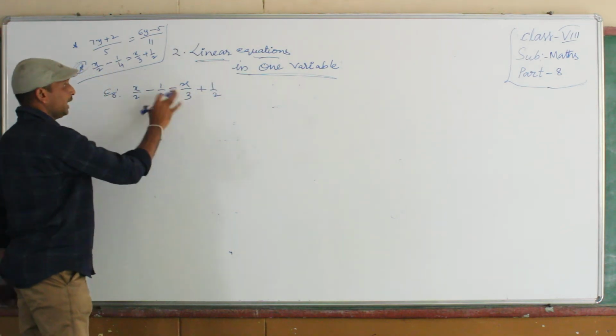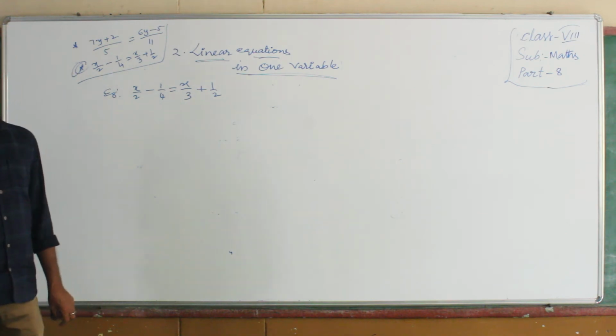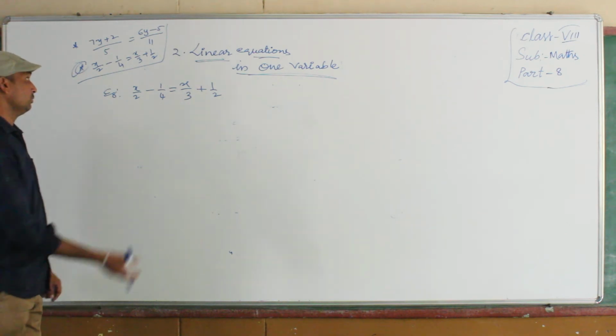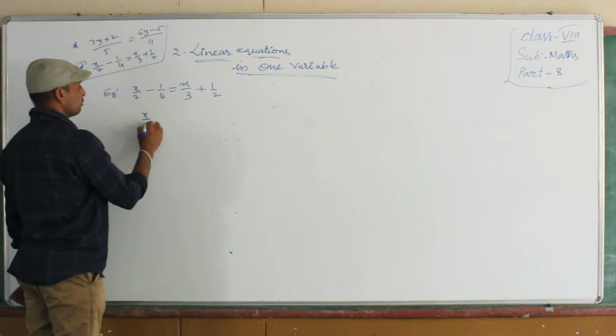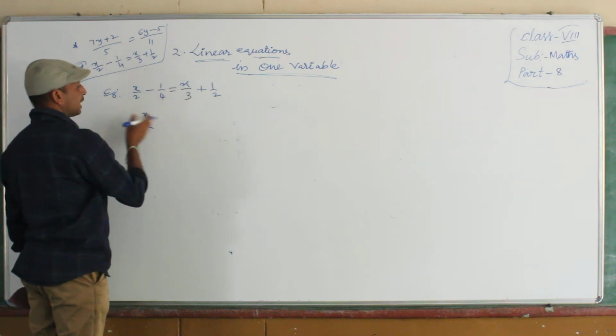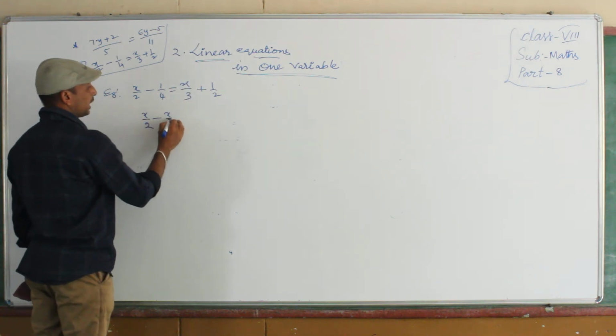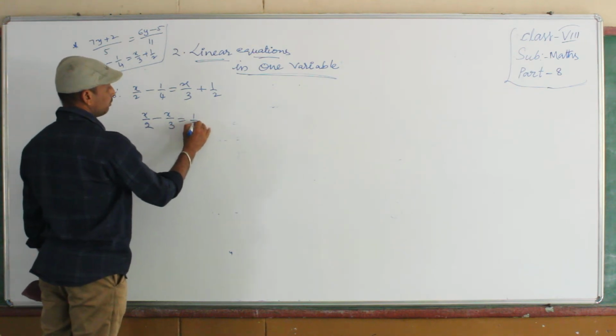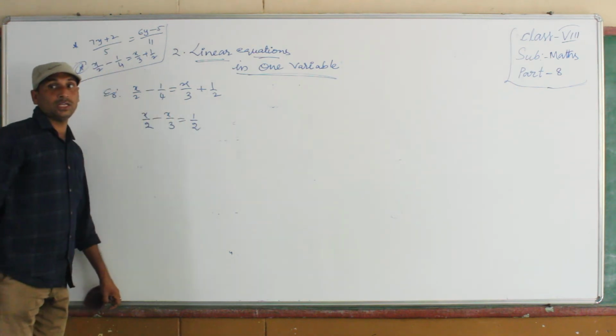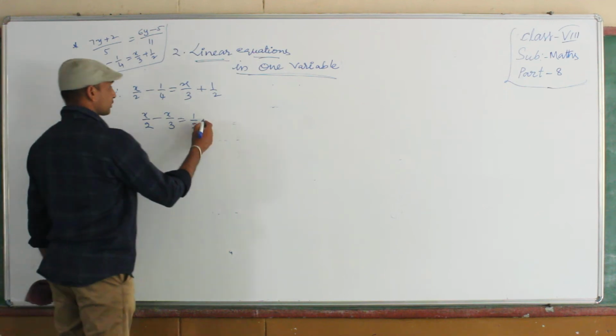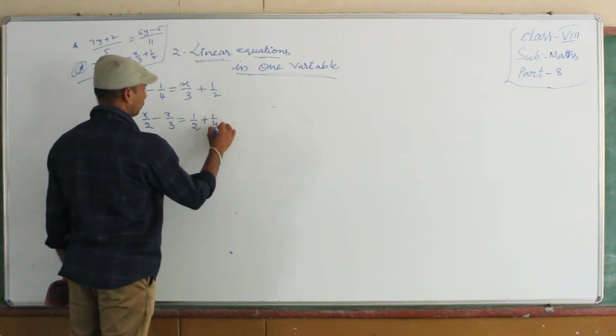Again, we have variables on both sides. So this x by 3 transposes to the left side, and the 1 by 4 transposes with the sign changed, becoming plus 1 by 4 on the right.